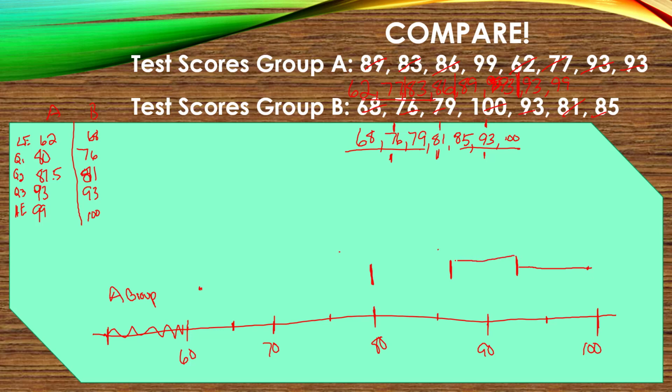So let's close in our box. Let's attach our whiskers. And we have a box and whisker for group A. Now, what can we see about group A? We see that the bulk of the data is over here on the right. Good chance that this could be skewed left.